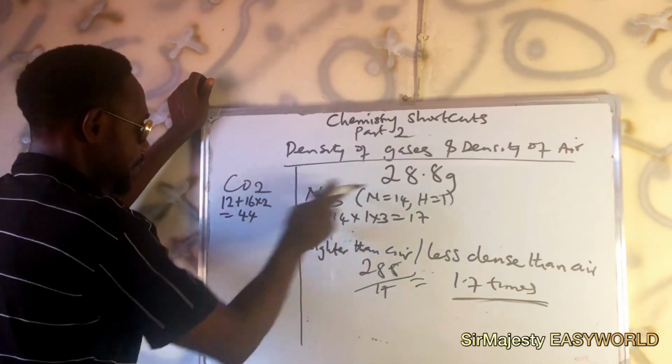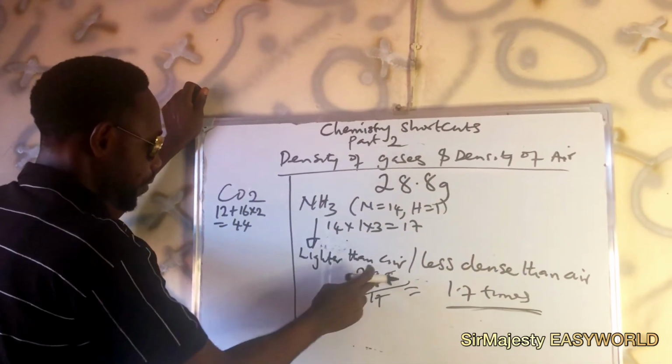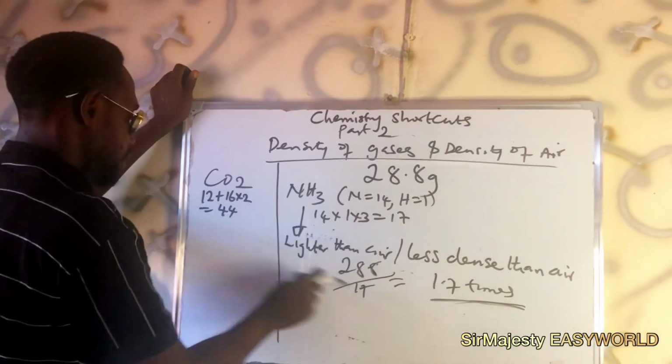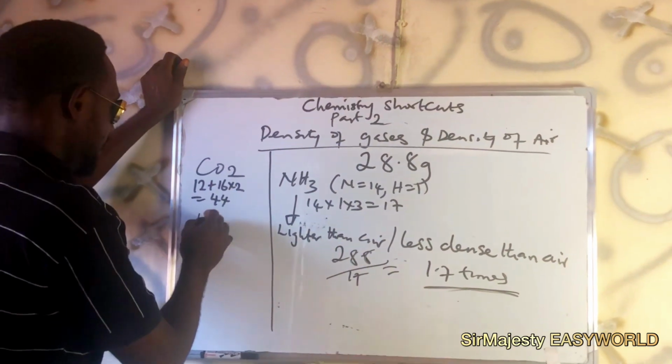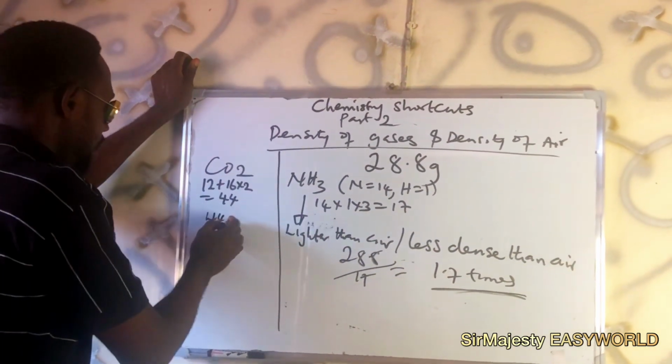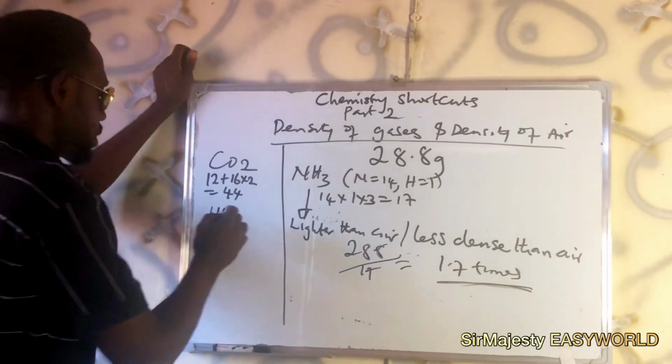Use the higher number and divide it by the lower number. I did 28.8 divided by 17 here because 28.8 is more than 17. But here, 44 is more. For you to find out how many times carbon(IV) oxide is heavier than air, you say 44 divided by 28.8.